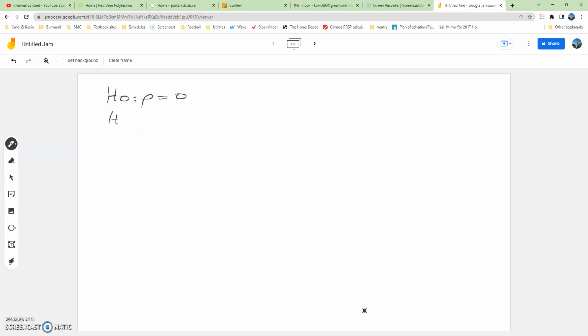The alternate hypothesis, HA, is that the correlation does not equal 0, which means then that there is a significant correlation. So if the decision is to reject the null hypothesis, we're left with the alternate hypothesis stating that the correlation is not 0. A 0 correlation basically means that there is no significant relationship. So this is a two-tailed test.